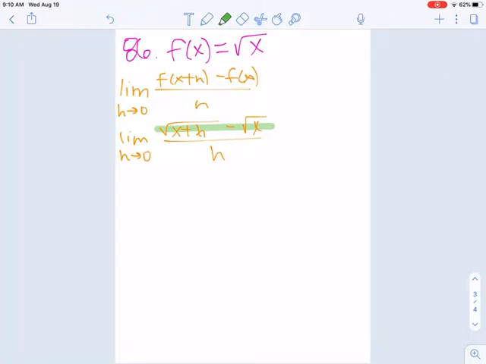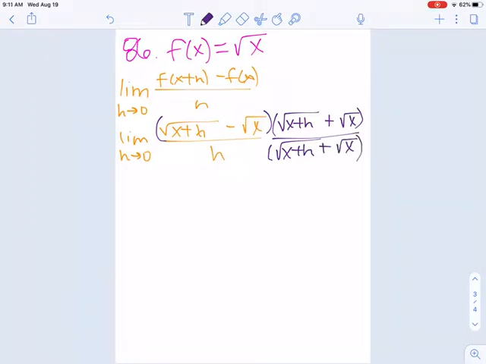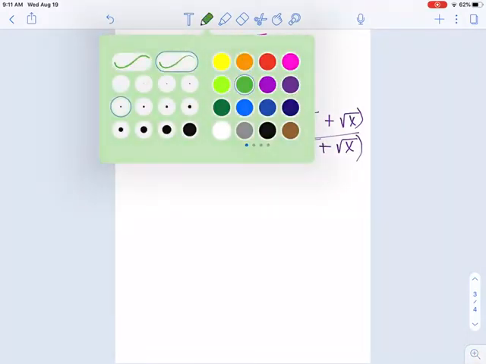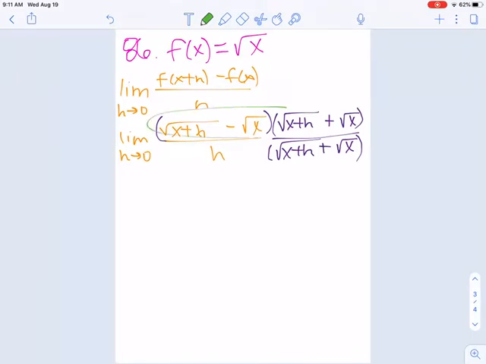I'll remind you that if we have the sum or difference of at least one radical, we can use our strategy from the other day of multiplying by the conjugate. So here I have a minus b. Let's multiply by a plus b. And remember, whatever we do to the numerator, we have to do to the denominator also.